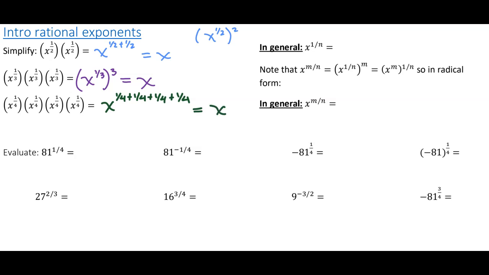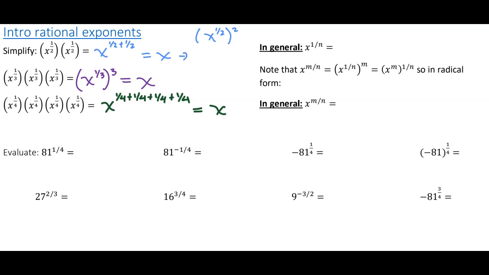So what I'm spotting here is that if I square x to the 1/2, I get x. If I cube x to the 1/3, I get x. And if I raise x to the 1/4 to the 4th, I get x. And what may or may not click from that, it's okay if it didn't, but I'll tell you, is that the number that I square to get x is the square root of x.